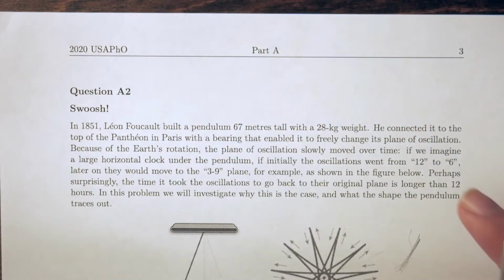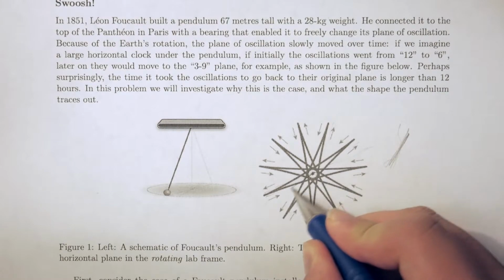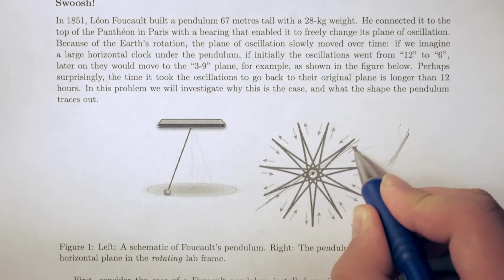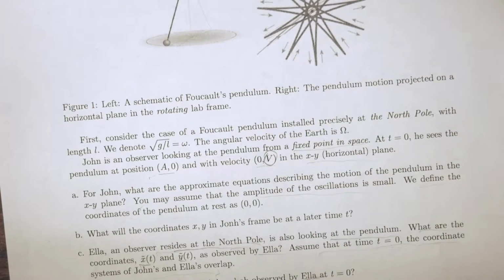So in order for the pendulum to return to the origin in Ella's frame, it also has to return to the origin in John's frame. And evidently the only way for the pendulum to return to the origin is if it remains in one plane of oscillation, or if the initial offset velocity is 0.